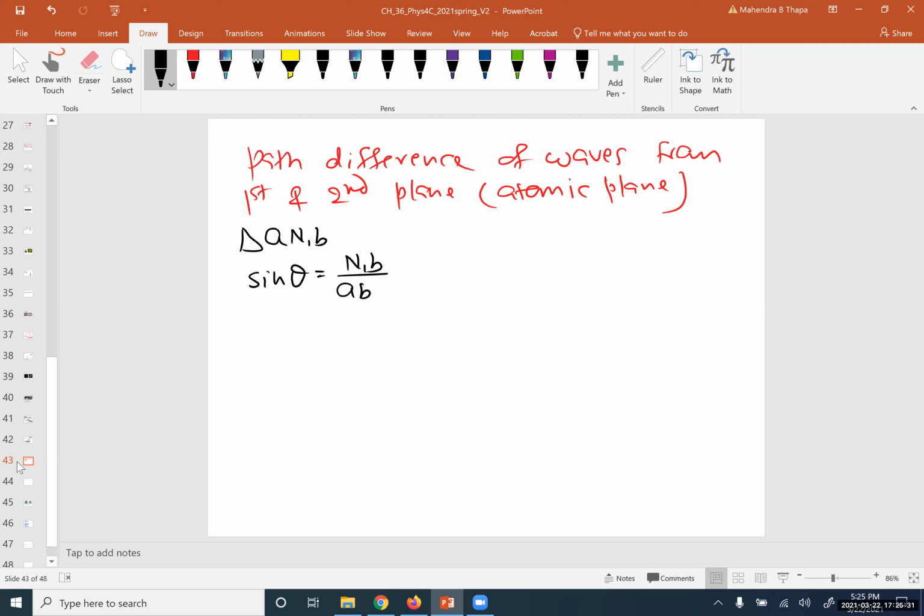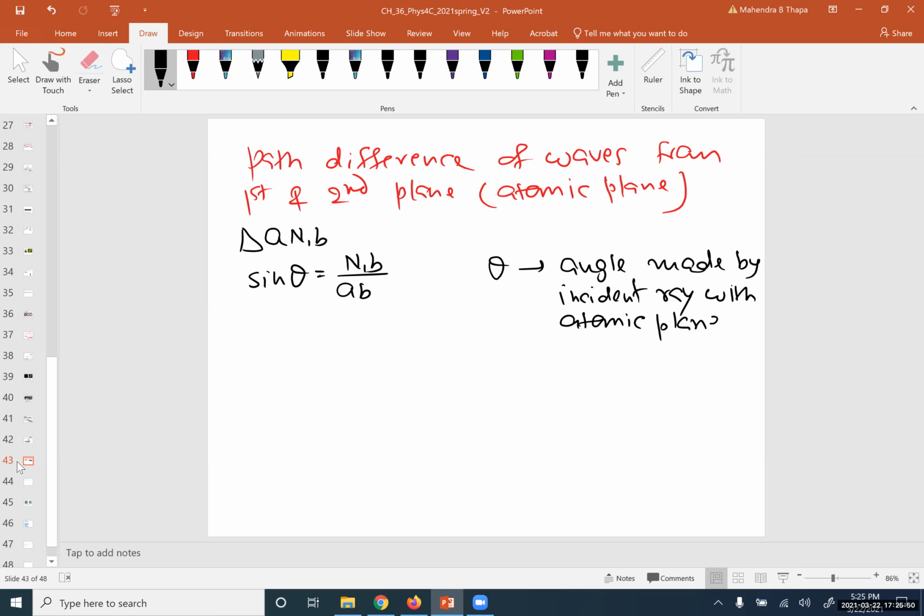From the picture, you can say theta is the angle made by the incident ray with the atomic plane. It is not the angle of incidence.